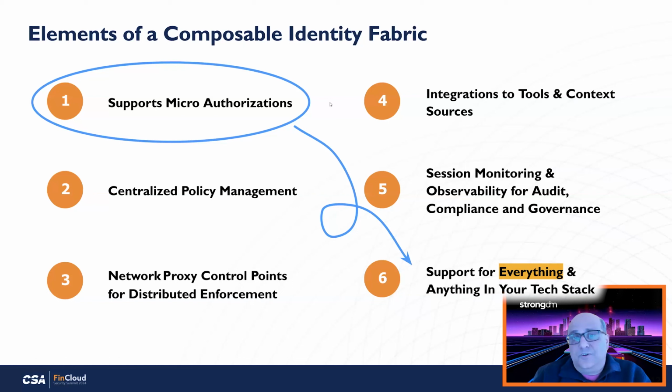Very few of us are privileged to live in a world where we have no legacy systems. We have no systems that we've inherited from our predecessors 10 years ago or 20 years ago. And so a tool that you adopt must support not just the systems of today, but also all the systems that have come before you, and allow you to easily elevate the security of those systems.